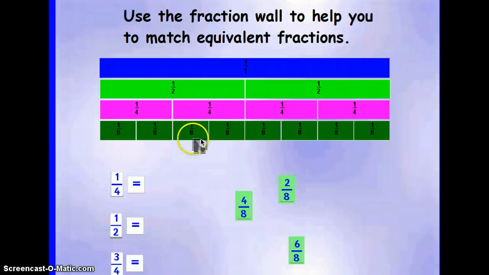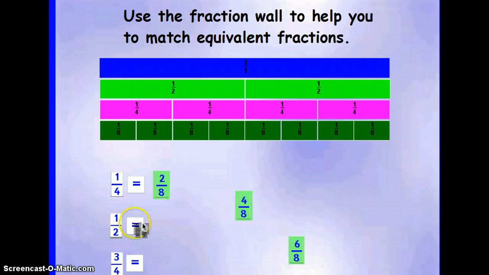Okay, so what you should have done is look at 1/4, the purple bar here, and see how many dark green 1/8 bars equal 1/4. If you look at 1/4 and then look below it, you will see that 1, 2, 2/8 equal 1/4.